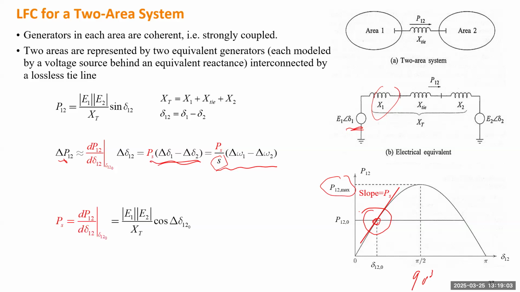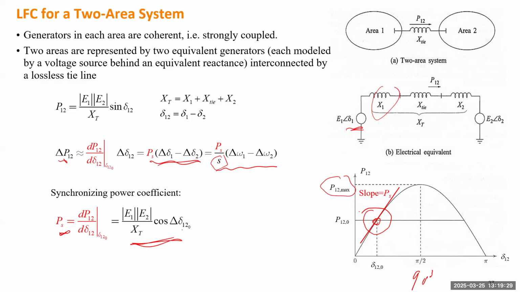To calculate what PS is is very easy. You just calculate the derivative of the sine function. So I will give you this formula. We are going to use this formula again later in the power system stability sessions on small signal stability and transient stability, because this factor here, we call the synchronizing power coefficient.